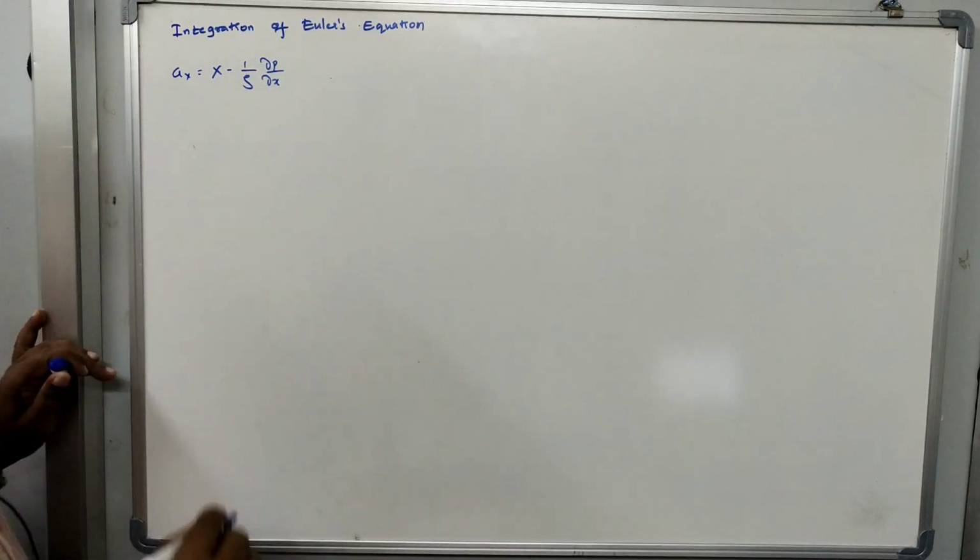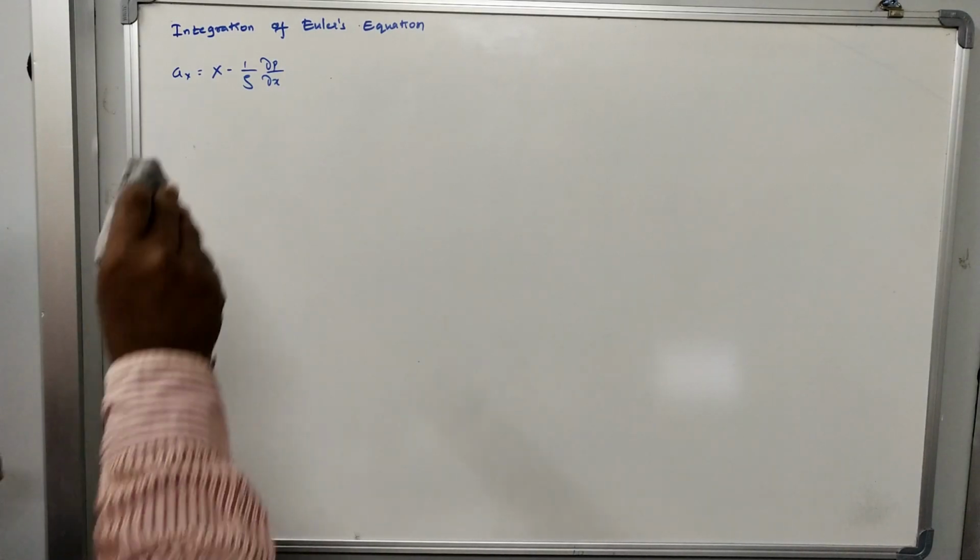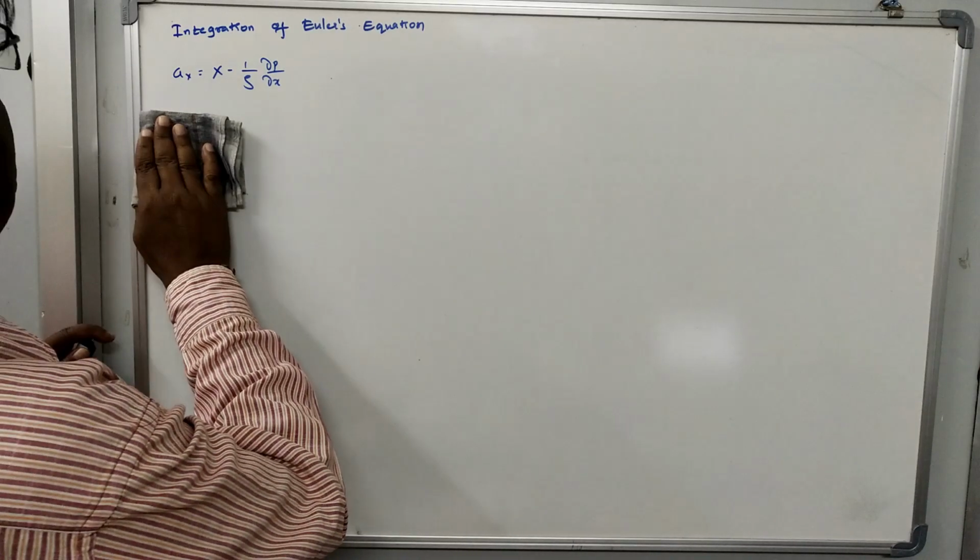This is the pressure gradient. Then X is the body force per unit mass and ax is the acceleration. So this is the Euler's equation.